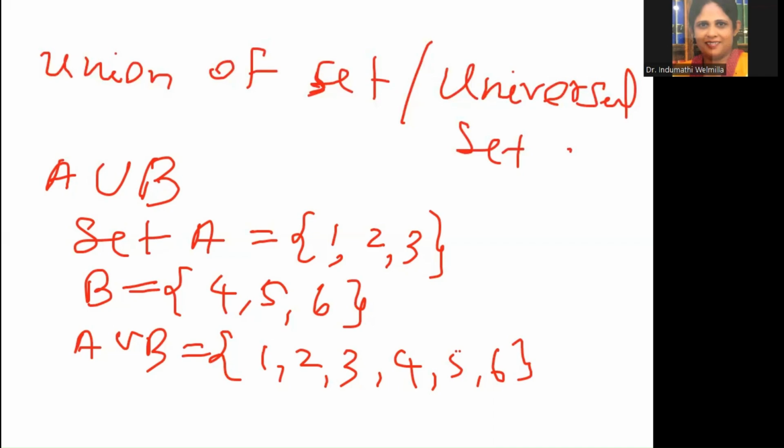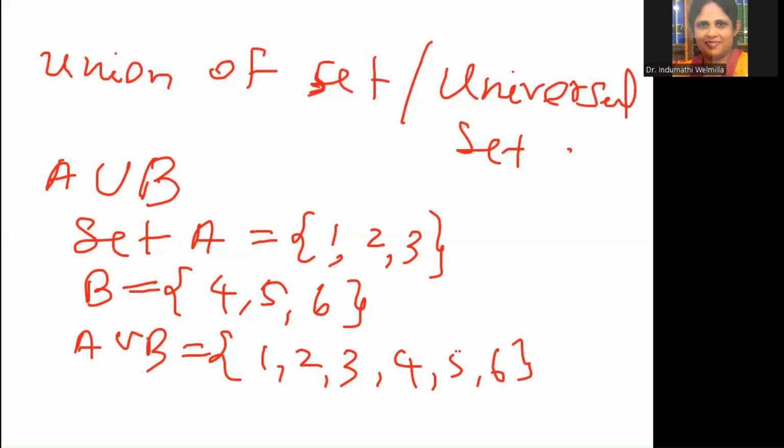Another thing is the universal set. The set which contains all the elements relevant to a certain condition is called the universal set. So it is the set of all possible values.